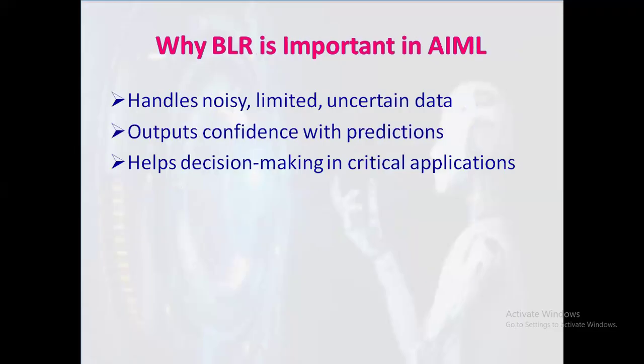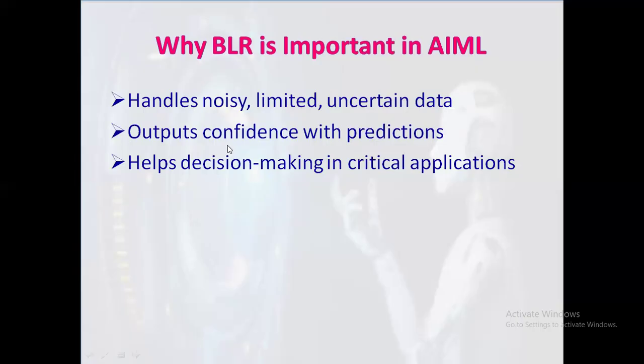Why is BLR important in AI and ML? This is something you should know. In real world machine learning and artificial intelligence tasks, data is often noisy, sparse, or uncertain. Bayesian linear regression is important because it addresses these issues directly. Traditional models provide only point estimates with no insight into how confident the model is in its prediction.